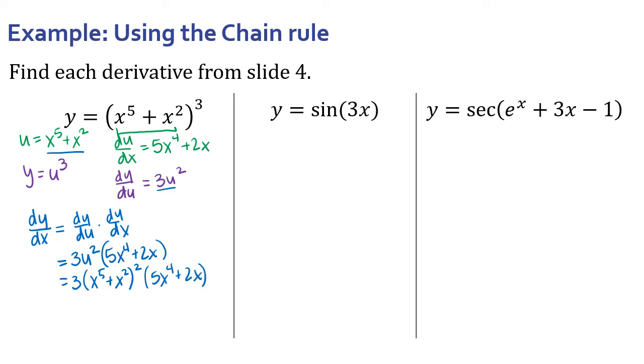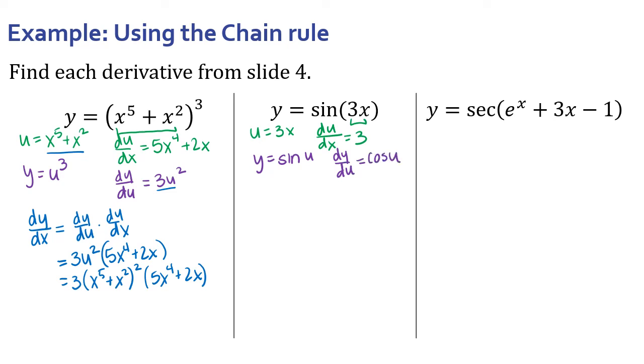In the second problem, we let our u equal 3x, so that meant that du dx was 3. And then we let our y equal the sine of u, so dy du equaled the cosine of u.